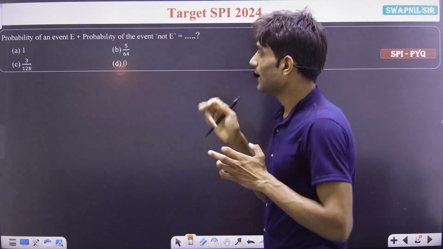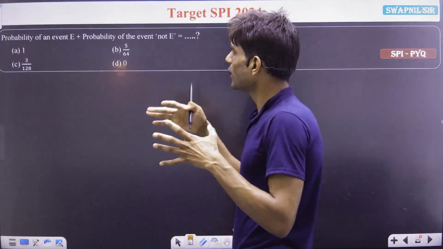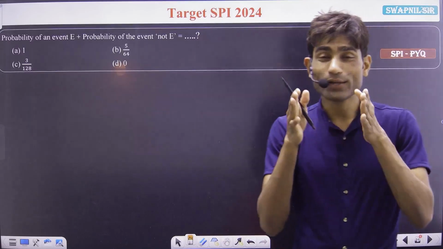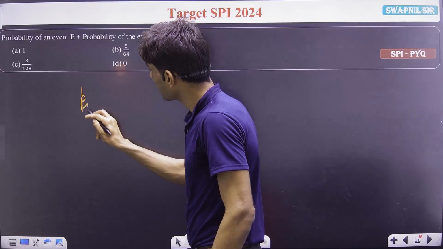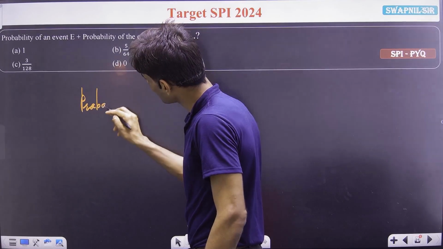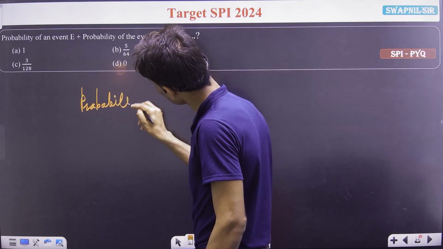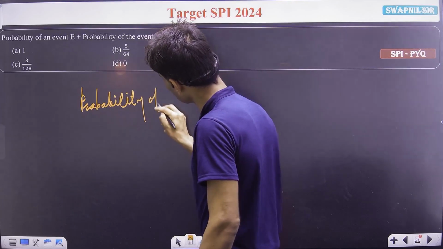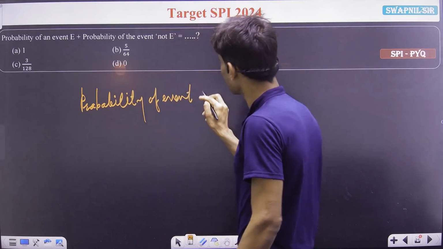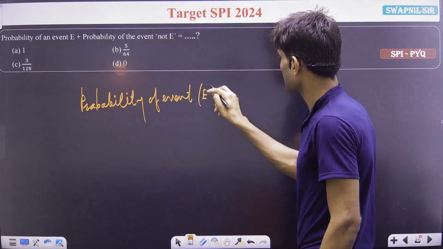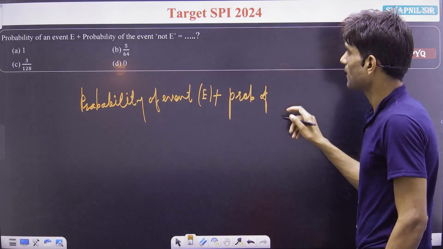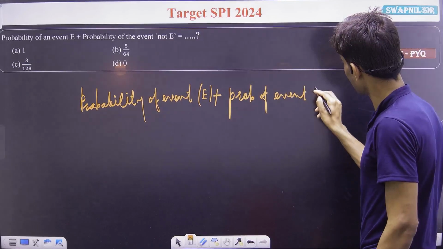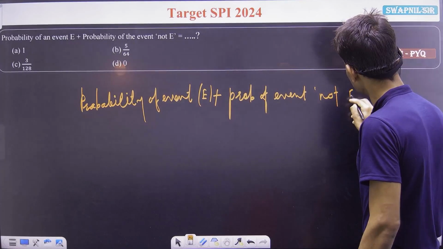Now here in our first example, probability of event E and probability of event not E. Let me write: P(E) plus P(not E).